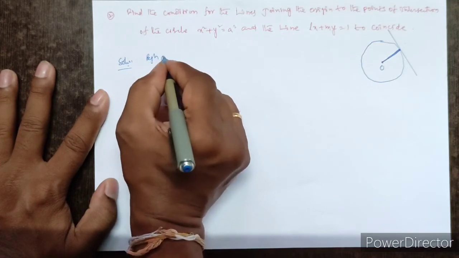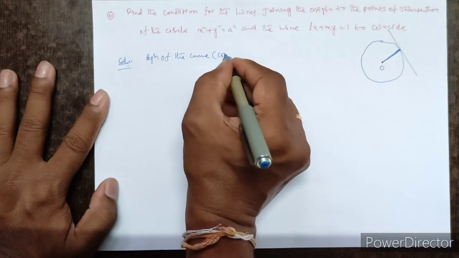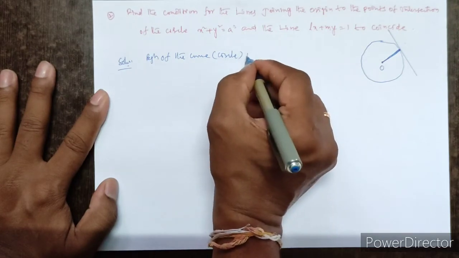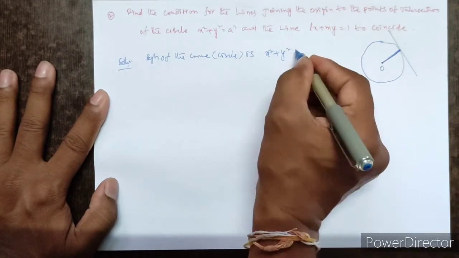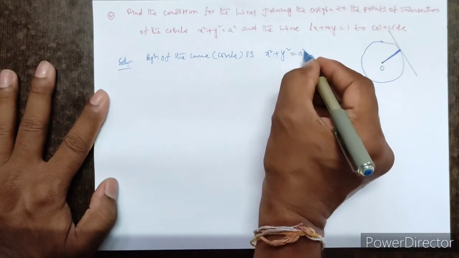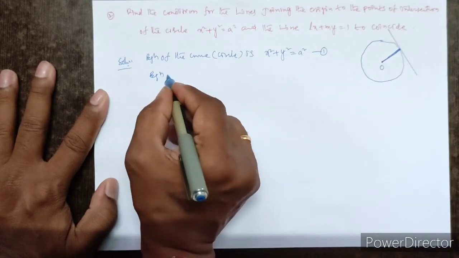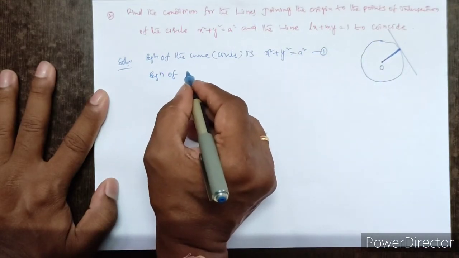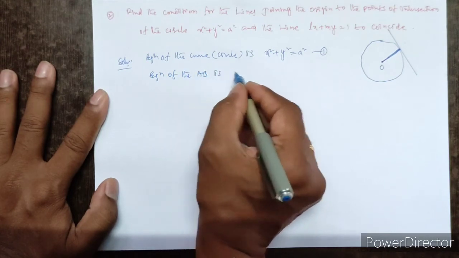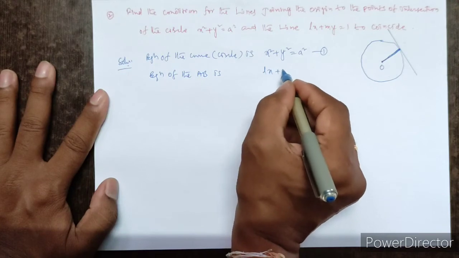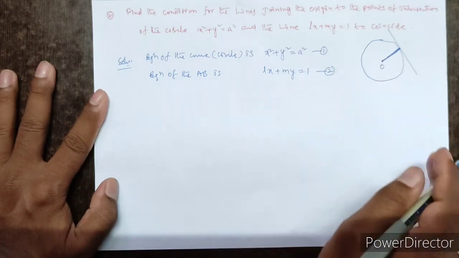Equation of the curve, here the circle, is x square plus y square equal to a square. This is equation 1. Equation of the line AB is Lx plus My equal to 1. This is equation 2.